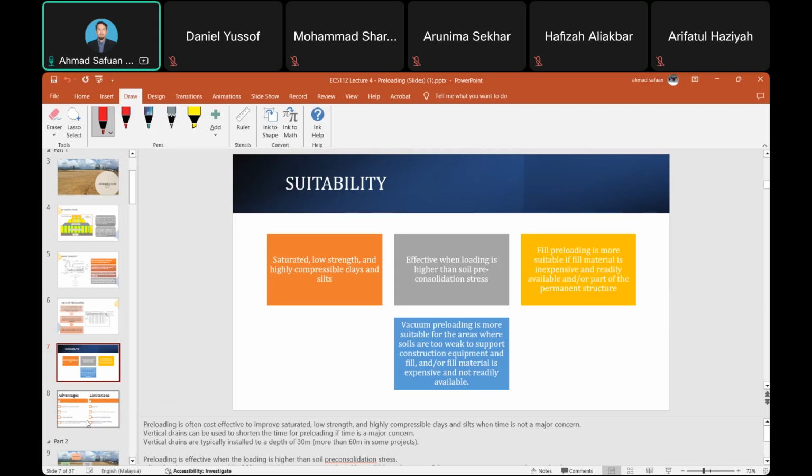For example, when we want to construct a bund to mitigate flood problems, there will be no structure on the top of the bund, or any continuous loading like traffic on the top of the bund.